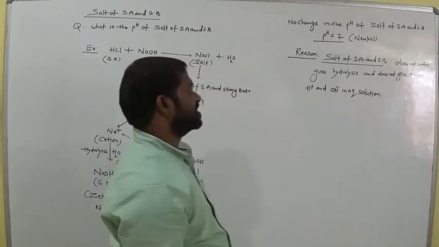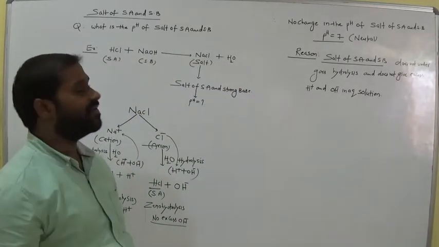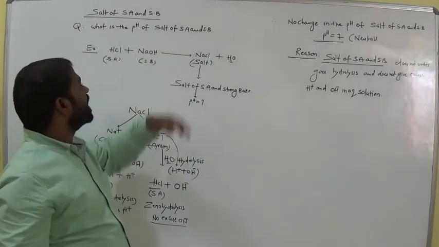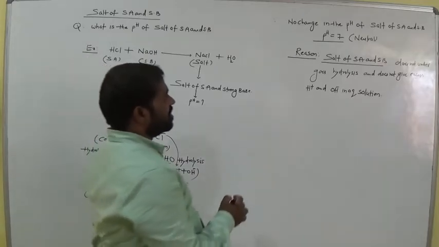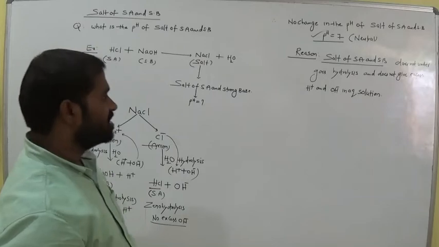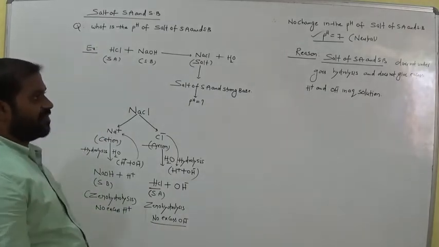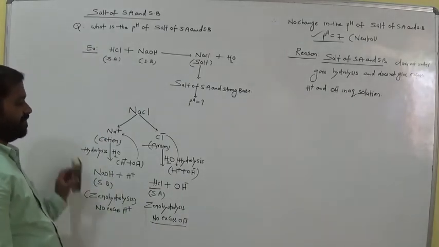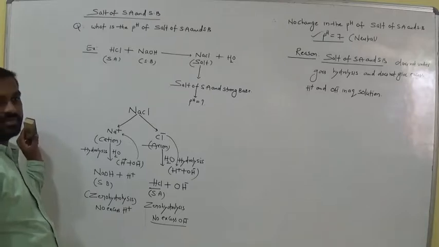Okay, that is the reason. So therefore the pH of salt of strong acid and strong base is the answer. This is the answer. pH value is 7. Clear? It doesn't cause any type of hydrolysis. Remember that. Is it clear, all of you?